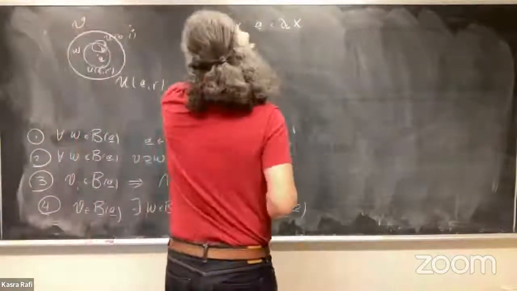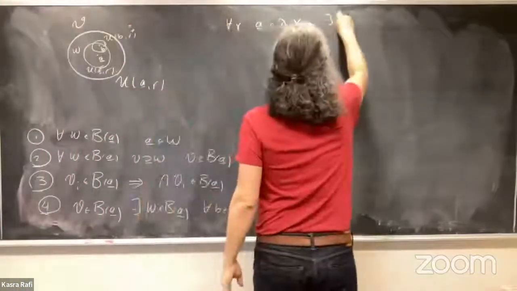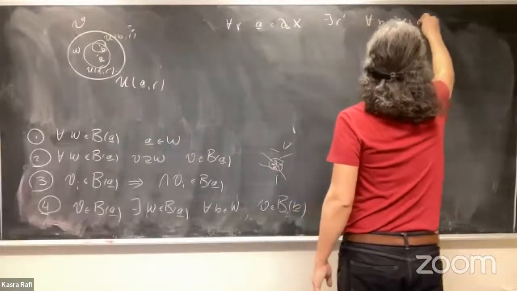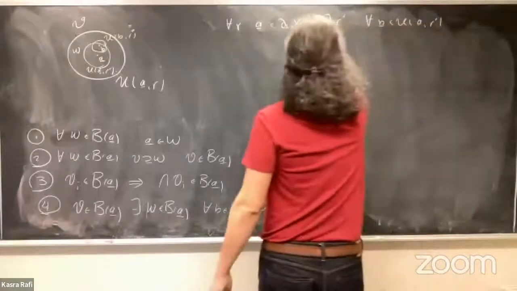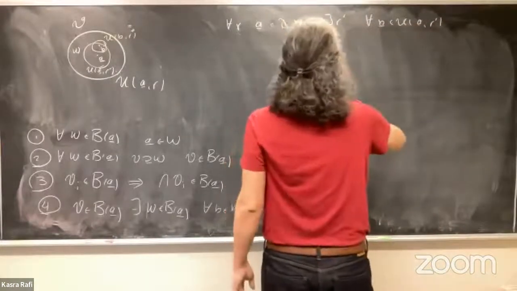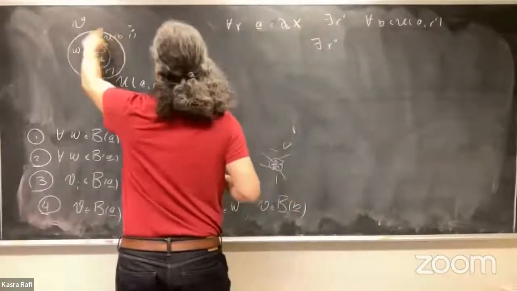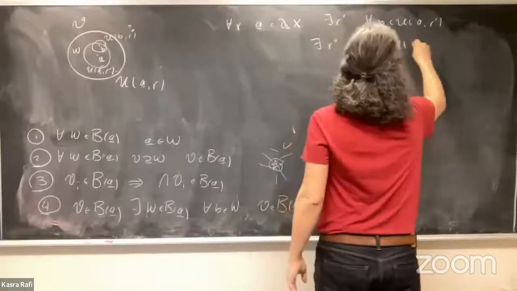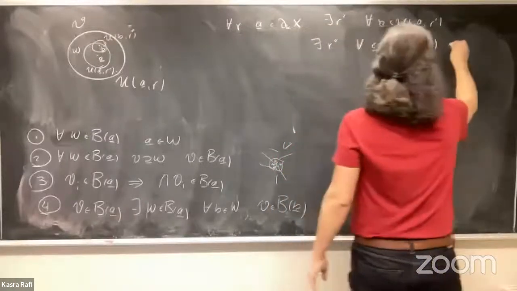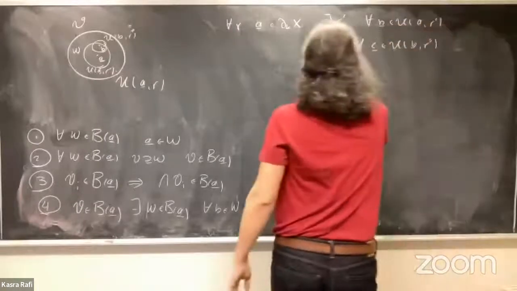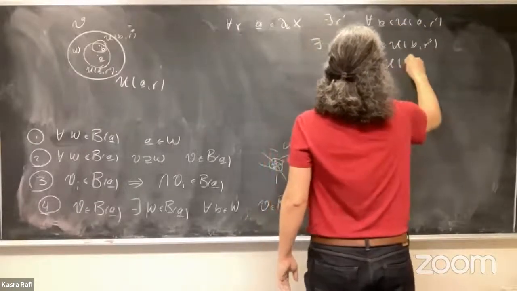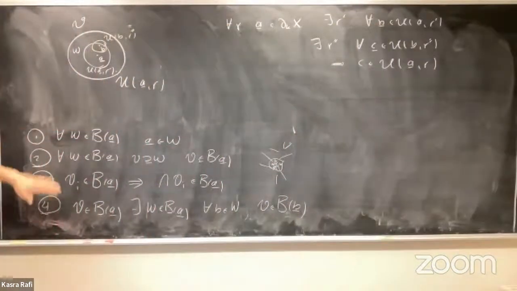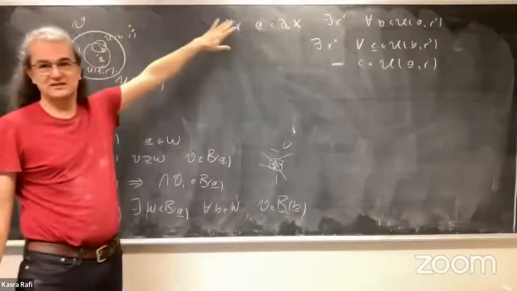So for every A and R, I have to find R prime, such that for every B in U A R prime, there exists an R double prime, such that this whole thing is a subset of that, which means for every C in U B R double prime, I have C is in U A R. Okay, so this fourth sentence is that.